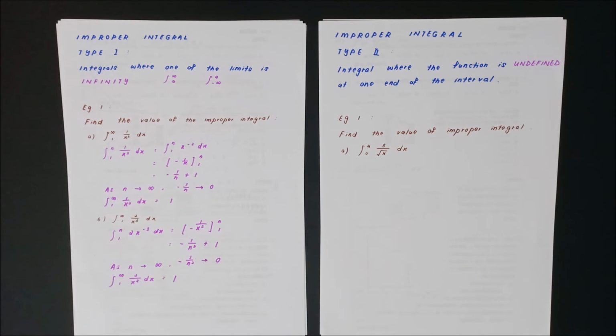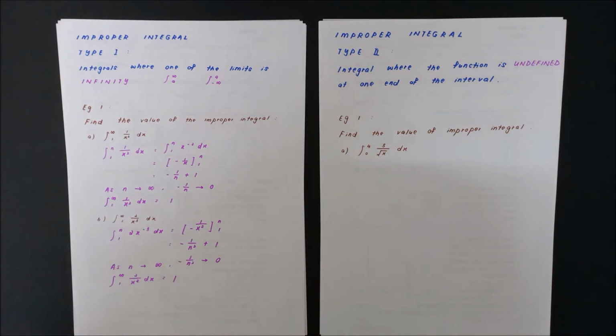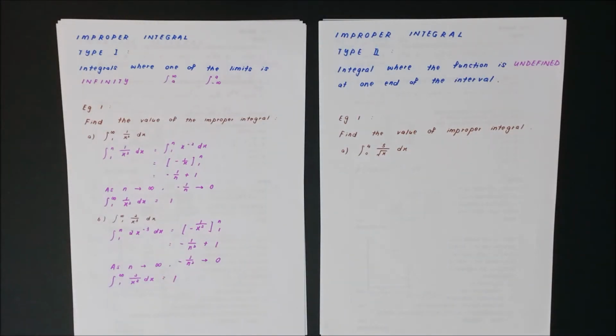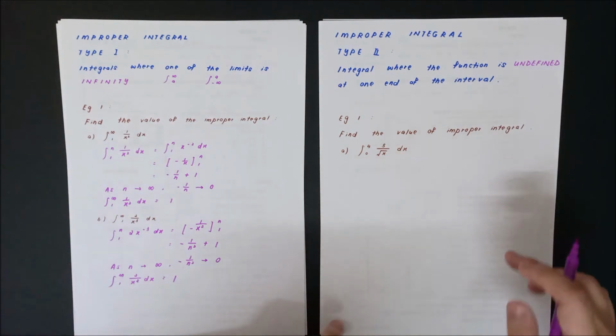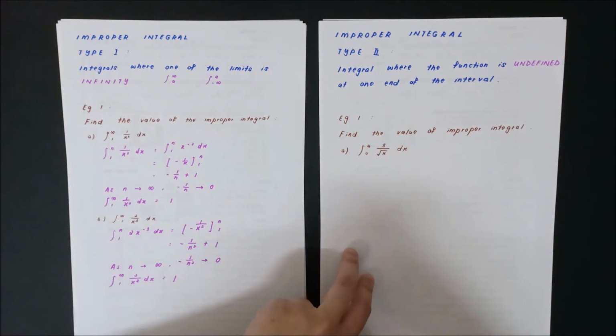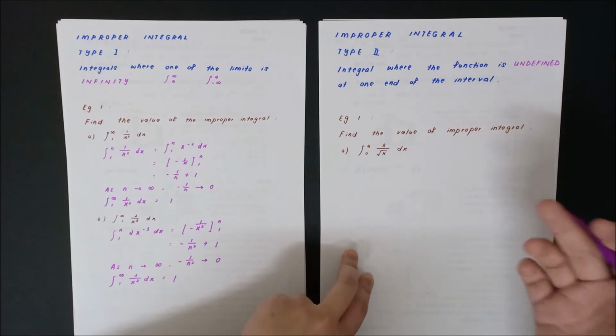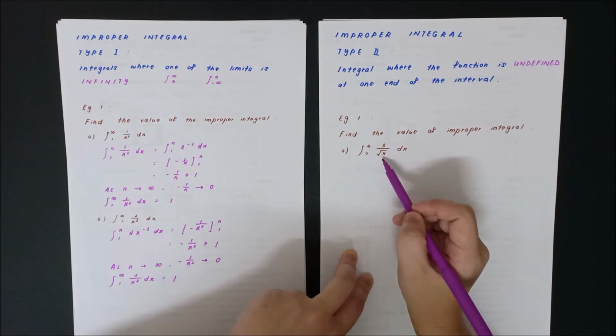Okay, so let's try to solve this question. How are we going to do this? It's going to be the same concept as how we solve the type 1 improper integral. But for this one, your first step is to find out which value causes your function to be undefined. In this case, it is when you substitute 0.